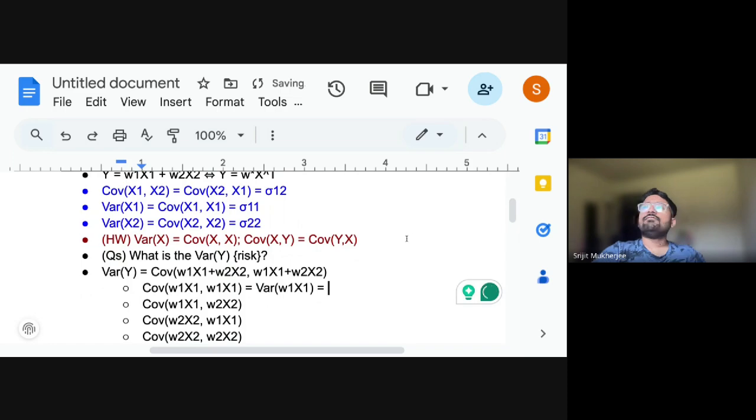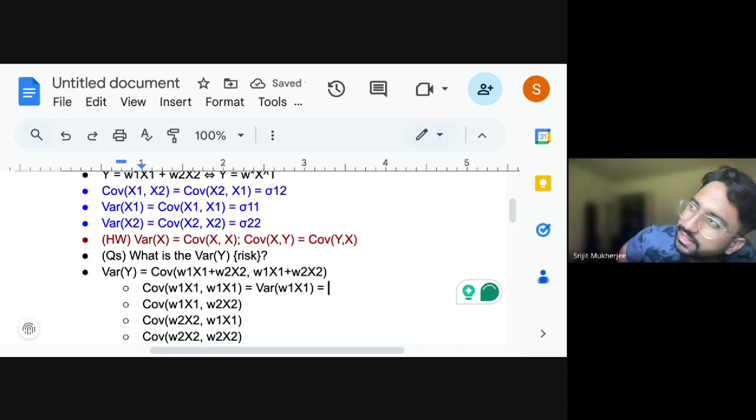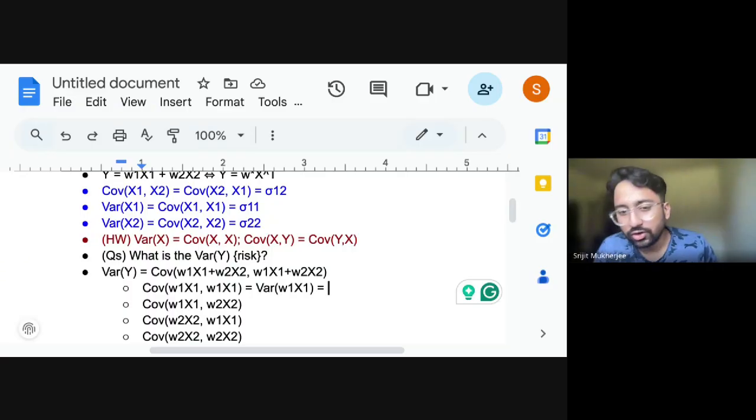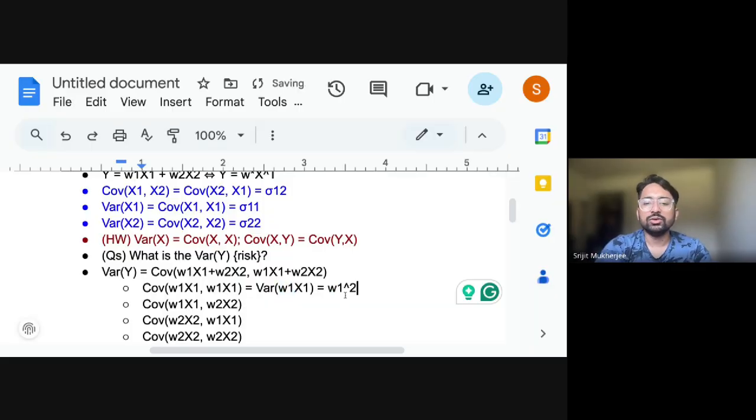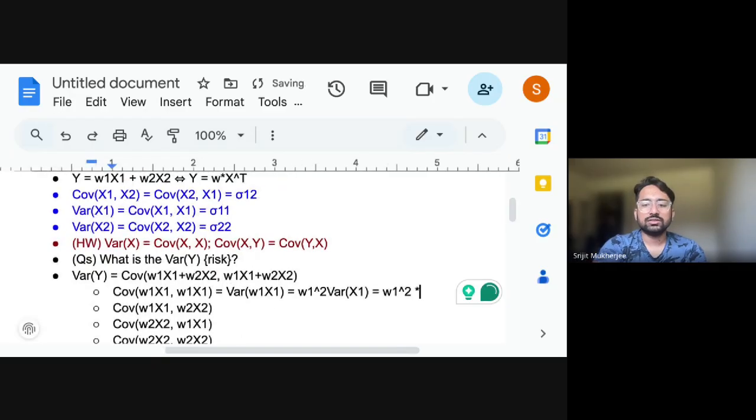And variance is like the length square, the magnitude square, so w1 will get out. W1 whole square times the variance of x1, which will be nothing but w1 whole square times sigma 1 1.